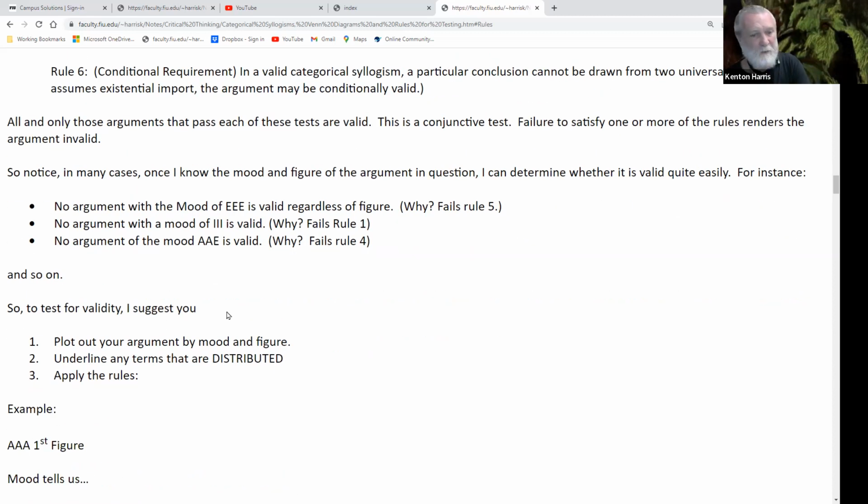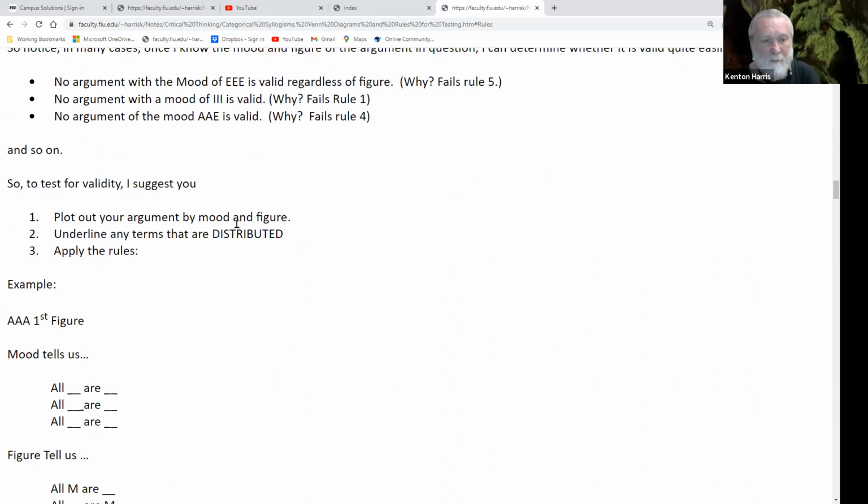So I suggest that you test for validity, and in order to do so, I suggest that you follow the following three steps. First, plot out your argument by mood and figure. Then underline any of the terms that are distributed so that you have a visual. Maybe you want to circle it or underline it or maybe highlight it.